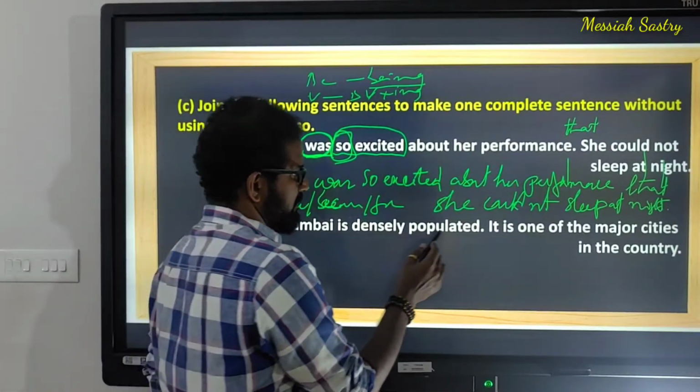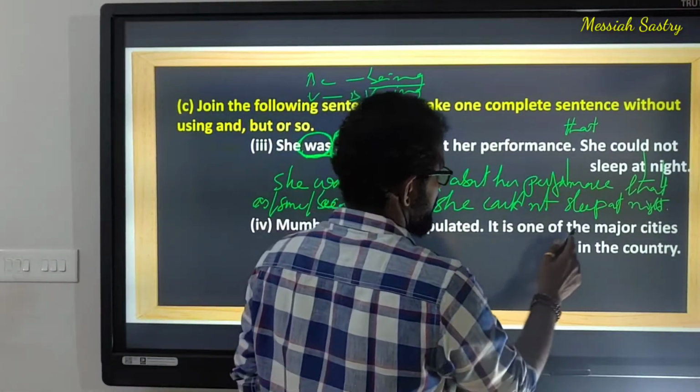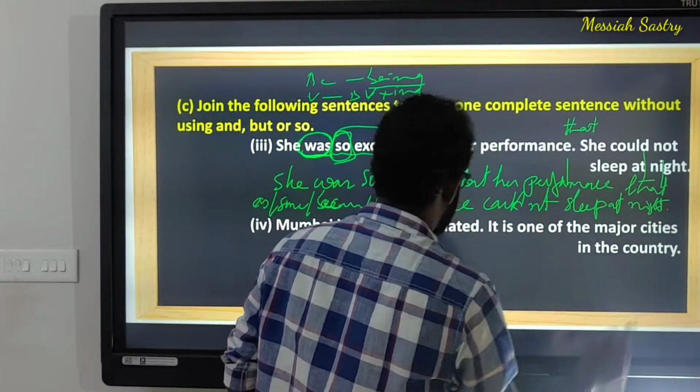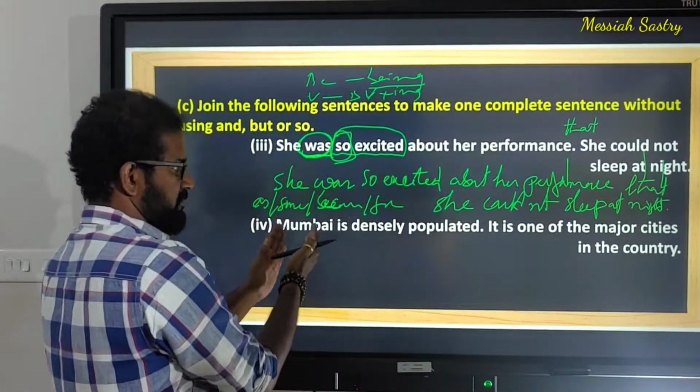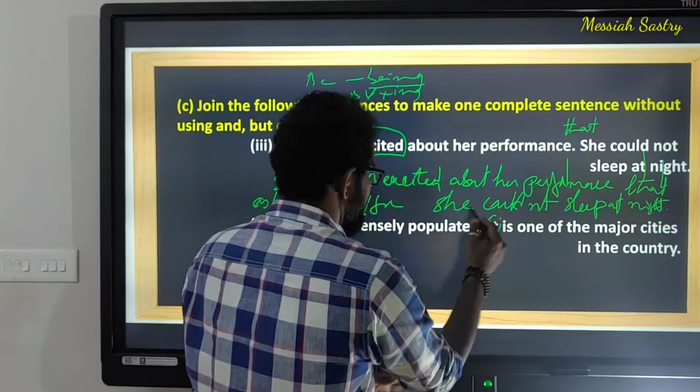Mumbai is densely populated. It is one of the major cities in the country. So we are talking about Mumbai and it refers to Mumbai.